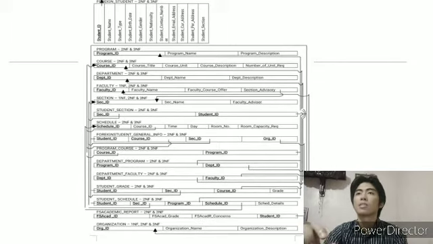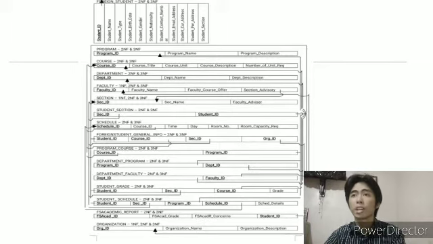Next, the student section table. Sec ID is a reference to sec ID from the section table. Student ID is a reference to student ID from the foreign student table.